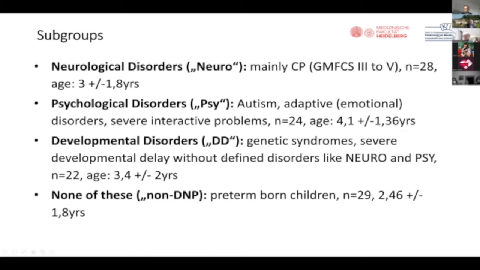And there was a group with genetic syndromes with severe developmental delay, but without defined disorders like neurological or behavioral disorders. And then there was a last group with mainly preterm born children who had no visible severe developmental delays, but they still had feeding problems. For example, they had a tube since preterm and they didn't get it out for different reasons.